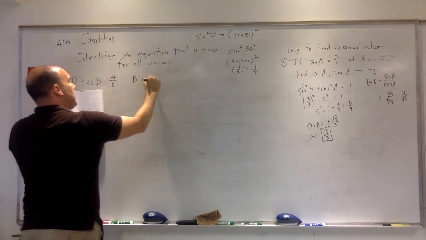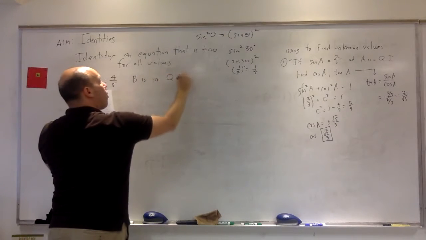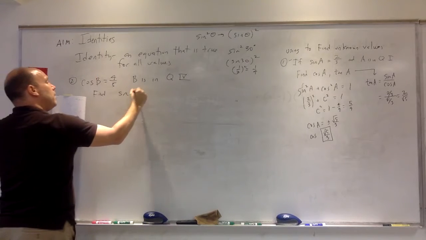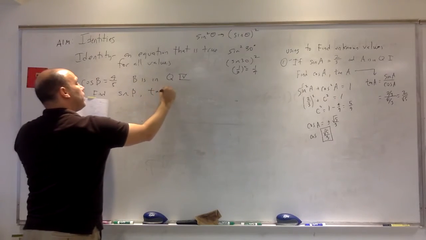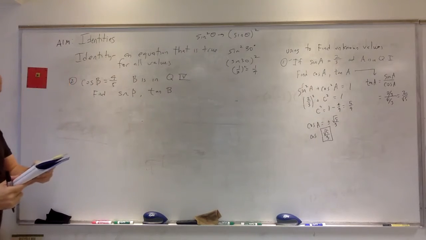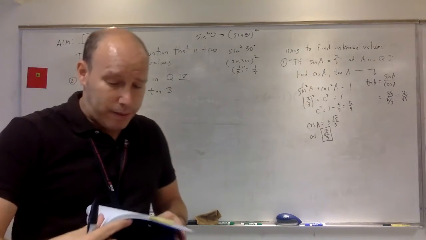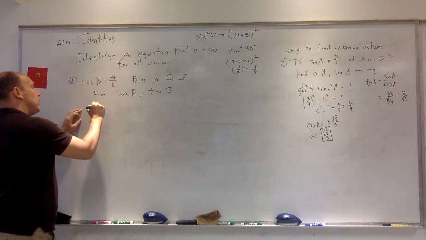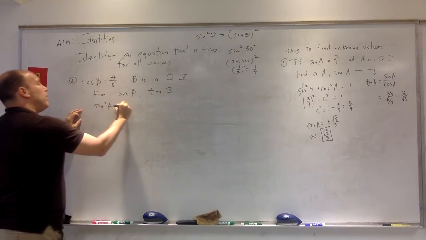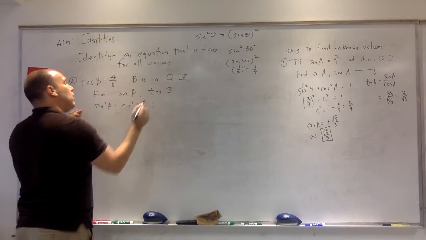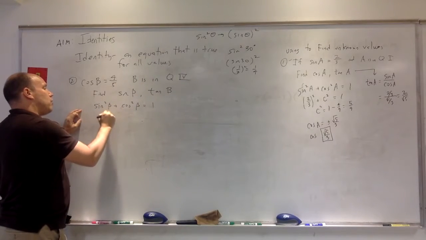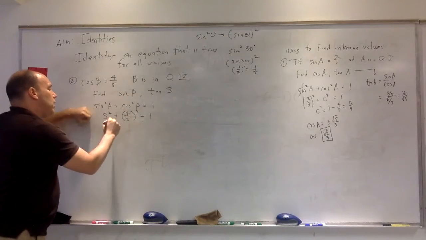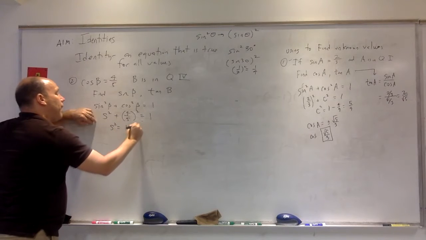Sine squared equals 1 minus 16/25, which is 9/25. Therefore, sine of B is equal to plus or minus 3/5 because we're taking the square root of 9/25. But you say, Mr. Adler, we're in quadrant 4, so the answer is negative 3/5.